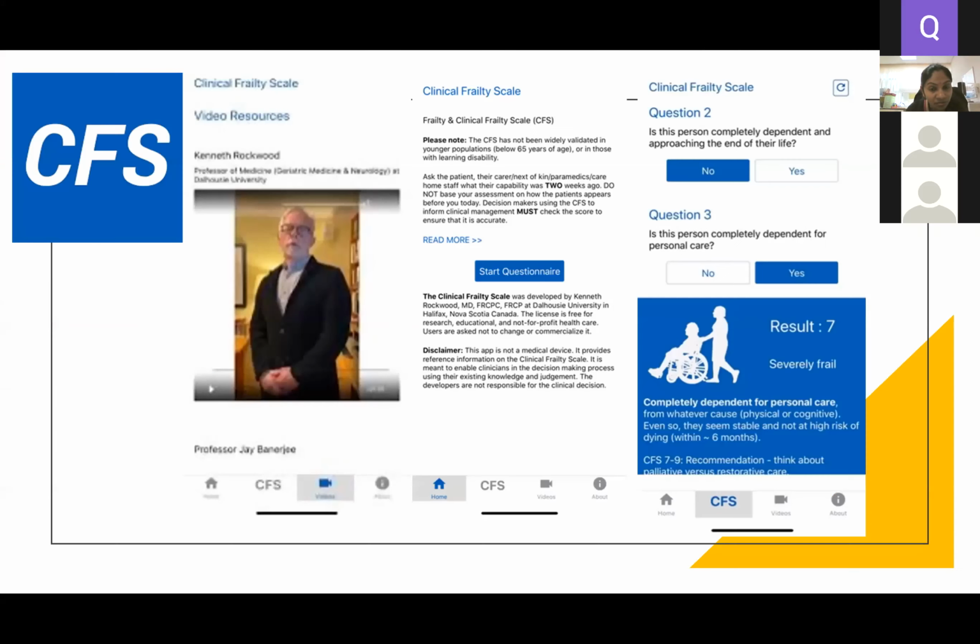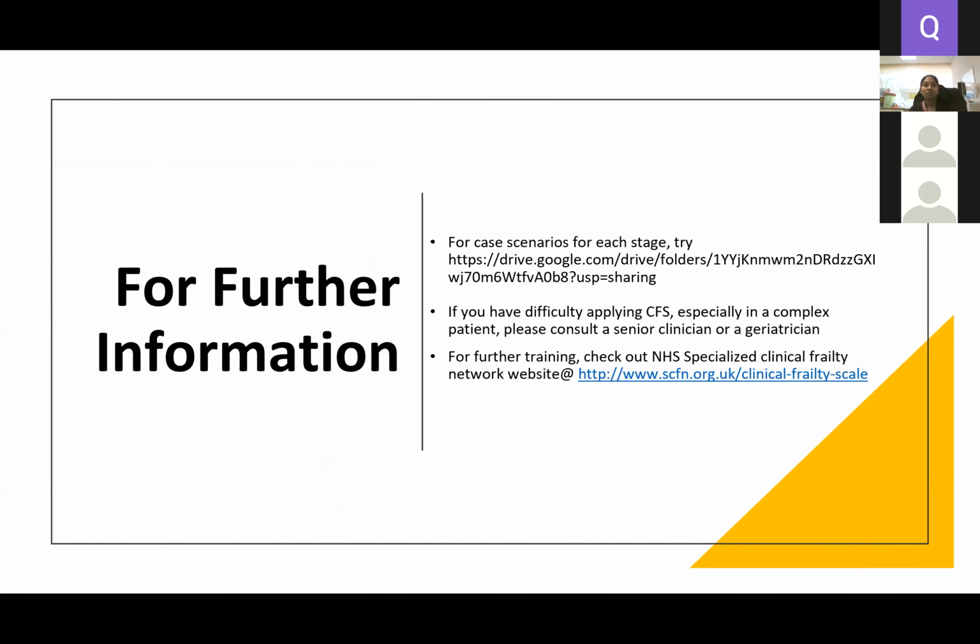So now just for some further information. The case scenarios that we put up, this is the link for a Google Drive, where if you want to practice again or just try to think about it more, you can just have a look at it. In our day-to-day practice, if you are having difficulty in applying the CFS, especially for a very complex patient, or if you are in a casualty, or you just need some further help, you can consult the geriatrician or a senior clinician to come help make the decision.